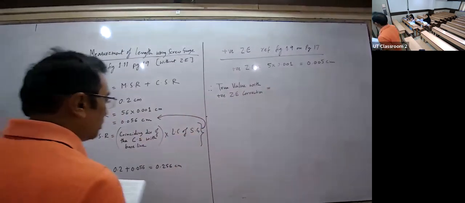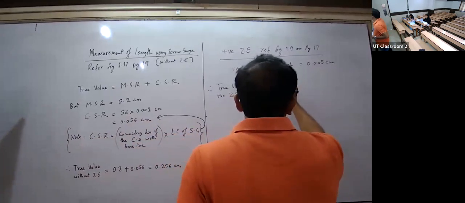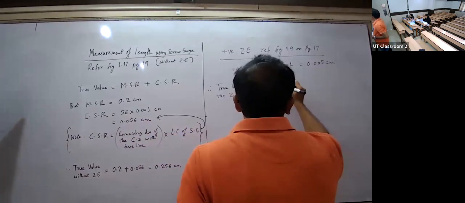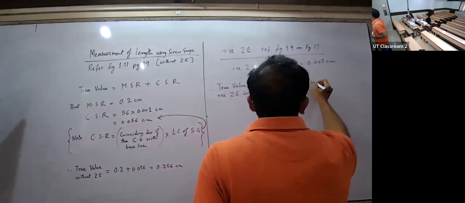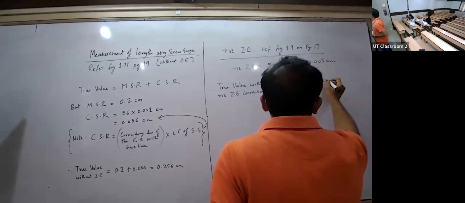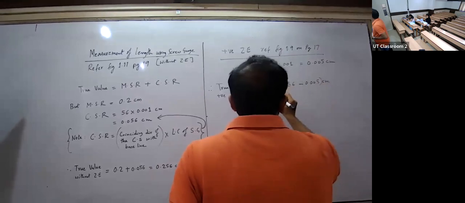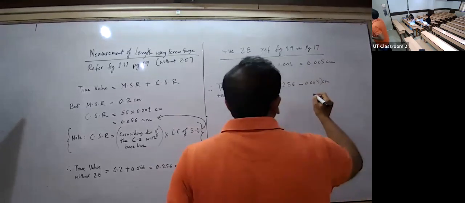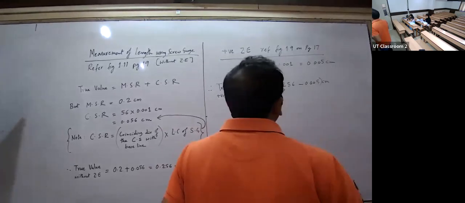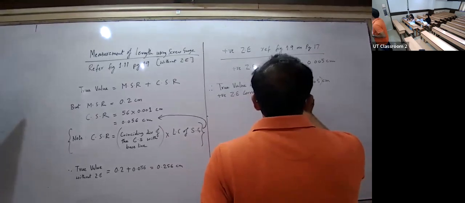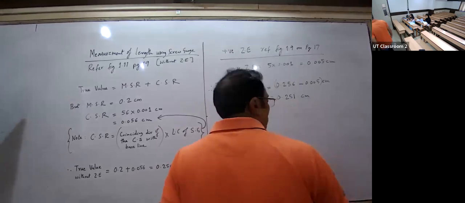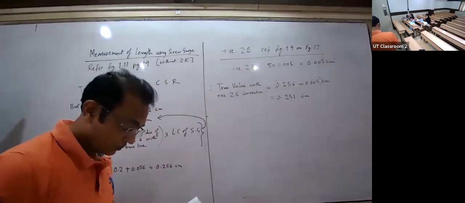So true value minus plus 0.1. How much is it?